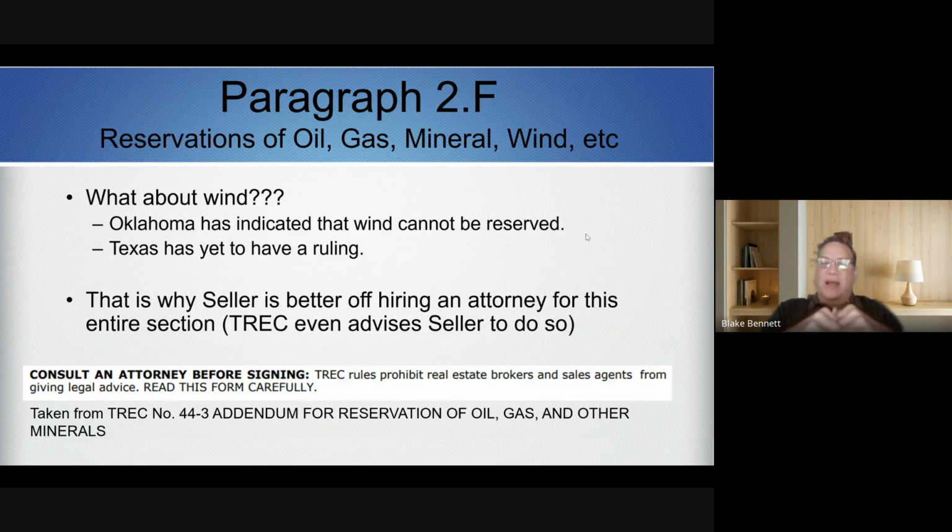And the TREC contract even advises the seller to consult an attorney before signing. TREC rules prohibit real estate brokers and sales agents from giving legal advice. Read this form carefully. This was taken directly from the addendum for the reservation of oil, gas, and other minerals.